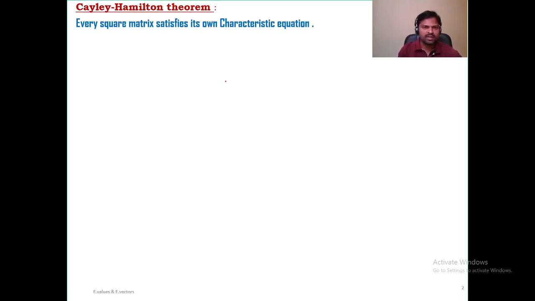Roughly I will explain what is meant by that. First, let A be an n by n matrix. N by n means it is a square matrix, with n rows and n columns.